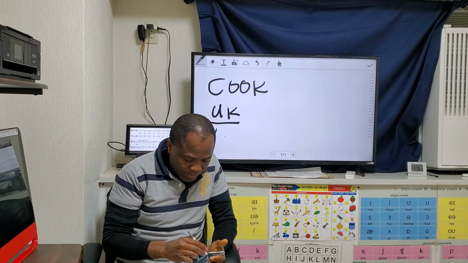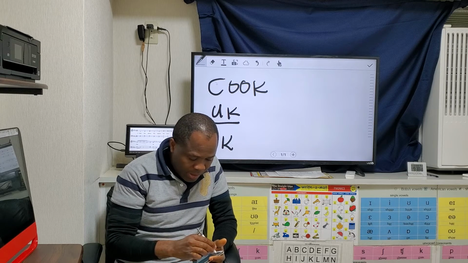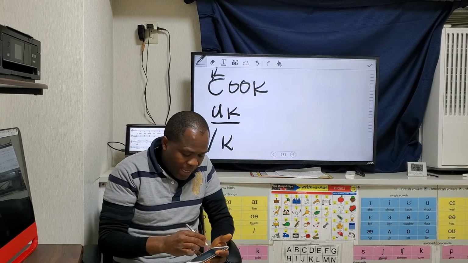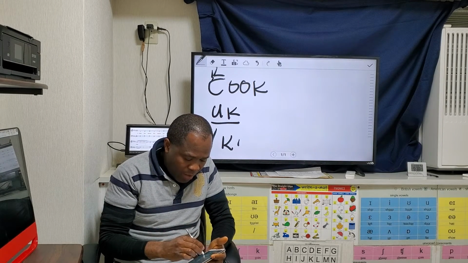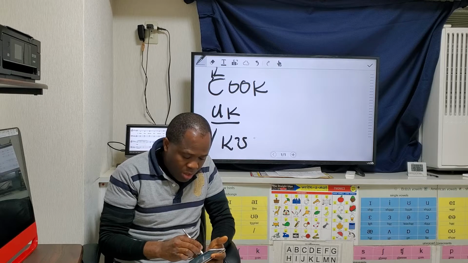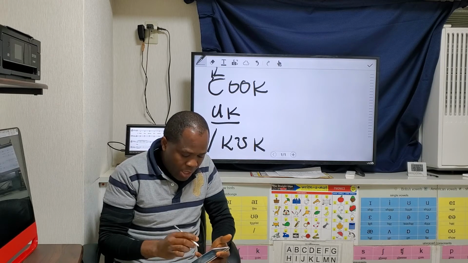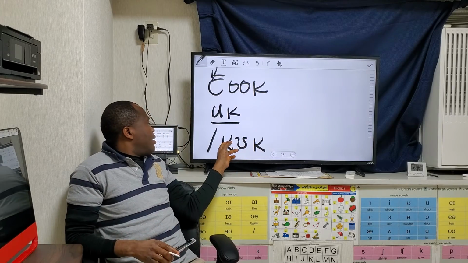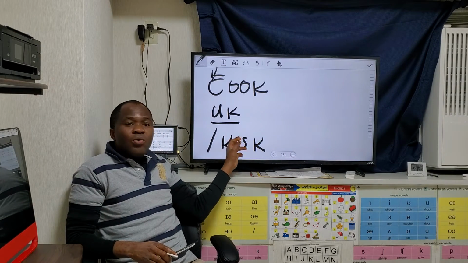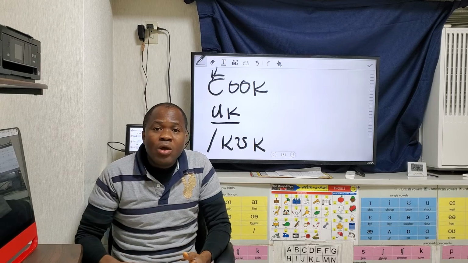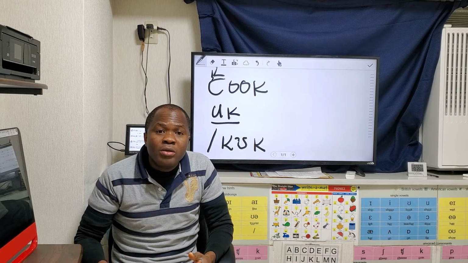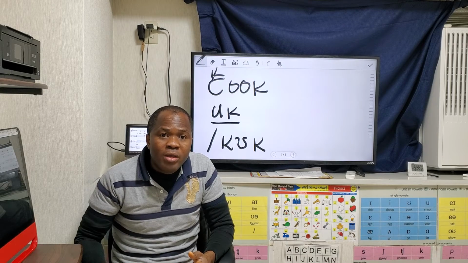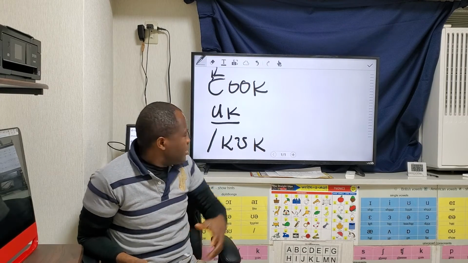This C will be represented by K in IPA, then we have our symbol for ʊ, and K. So K, ʊ, K. How do we say that? Cook. Are you a cook? So this is cook.